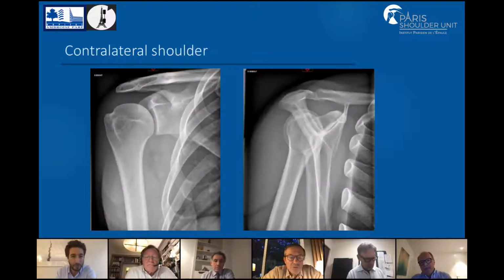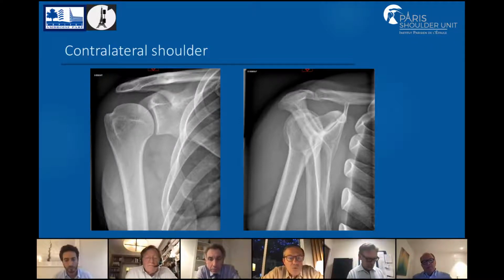And what about the contralateral shoulder? Is it often bilateral? Yes. If you look at the Lamy view, the head is subluxated posteriorly on this view, probably, although it's not exactly tangential.